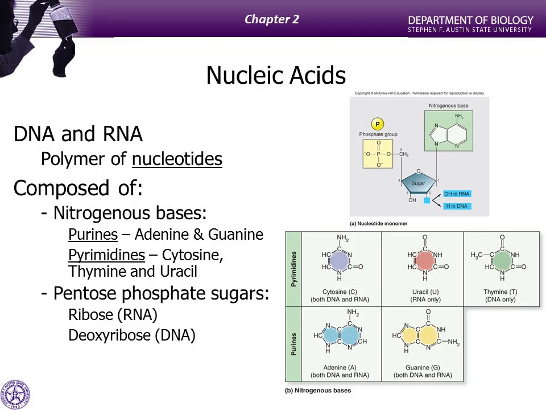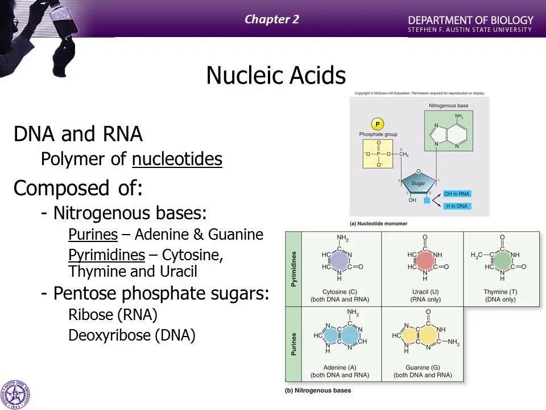And these nitrogenous bases are grouped into what's called pyrimidines and purines. Now you see we have 5 listed. I said 4, but we have 5. Uracil is a nitrogenous base that is found in RNA, not in DNA. But it's still going to be considered a pyrimidine.